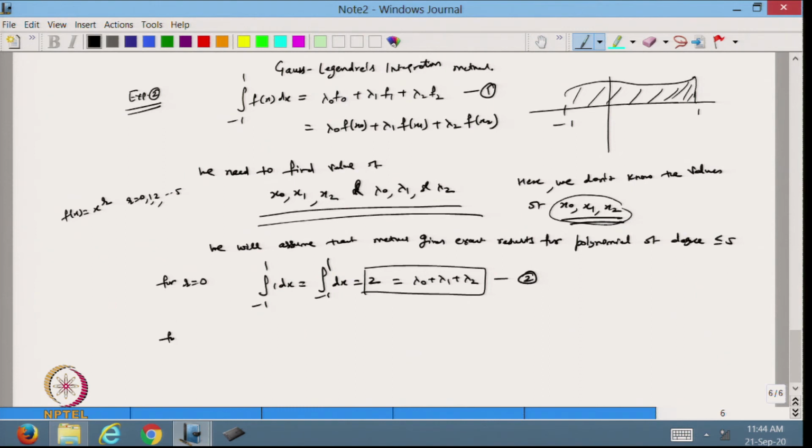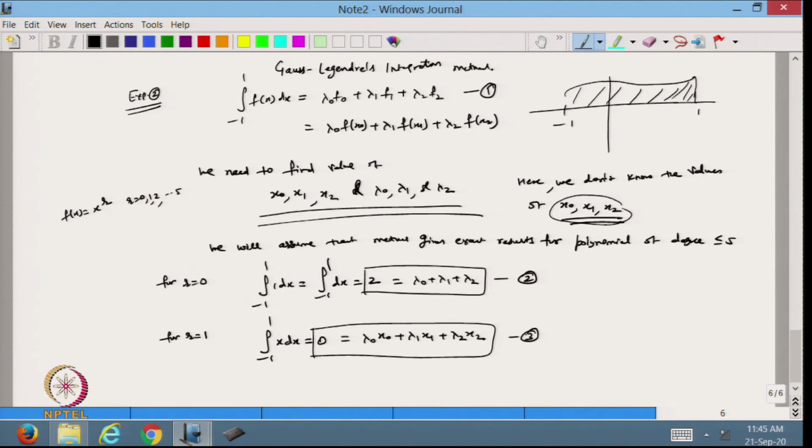Then for r is equal to 1, I will get integral minus 1 to 1 of x dx, and this is an odd function. So, its value is 0. So, this will be equal to lambda naught into x naught plus lambda 1 into x 1 plus lambda 2 into x 2. So, that is my another equation, the second equation.